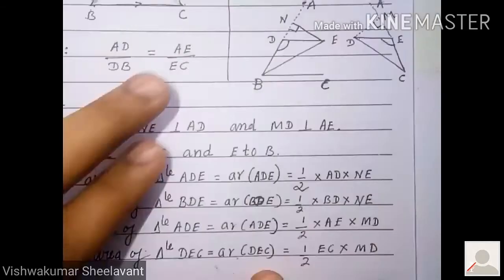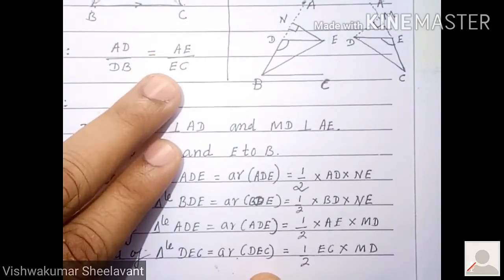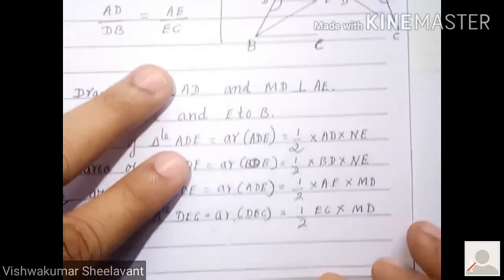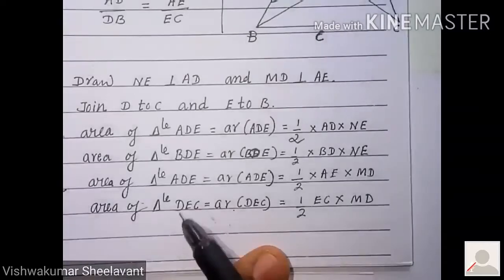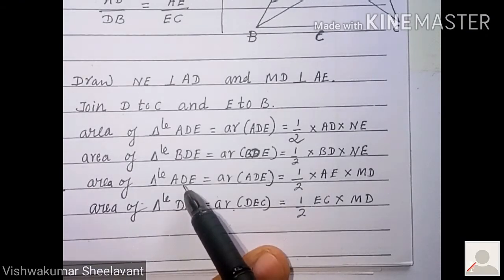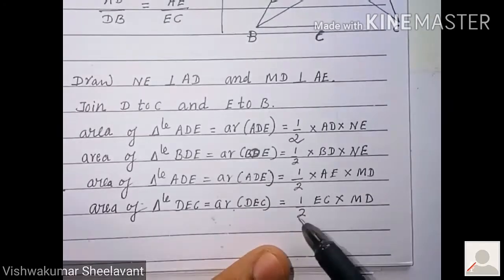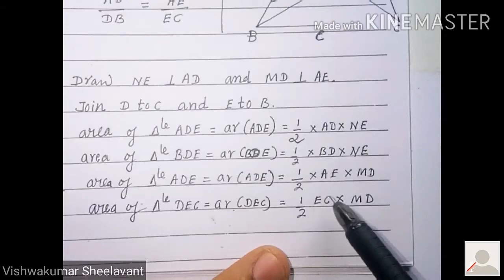Next, what do I need? Another ratio here, AE by EC. Now you can understand. If I take the ratio of area of ADE to DEC, half will get cancelled, MD will cancel, I will get AE by EC.